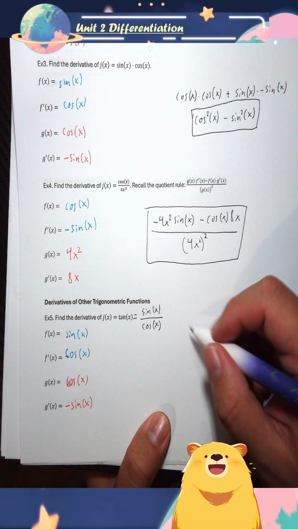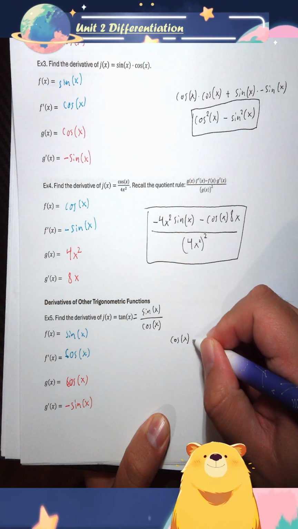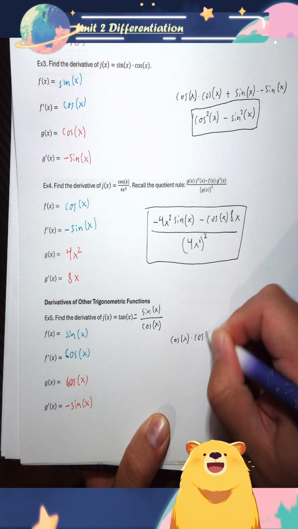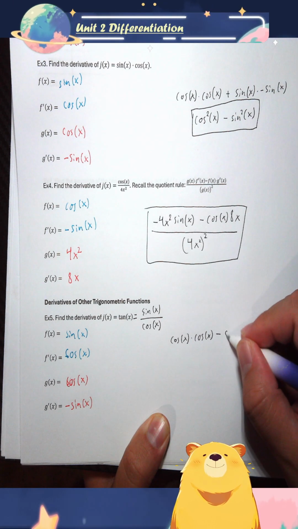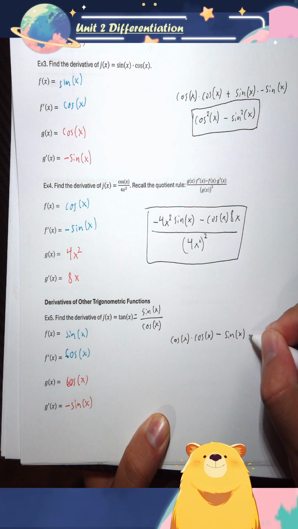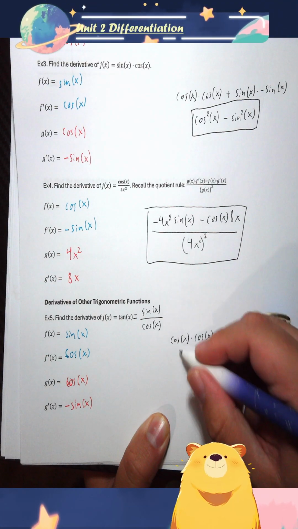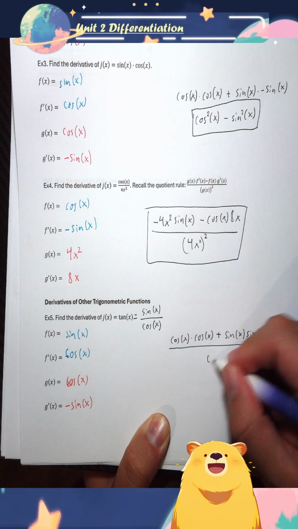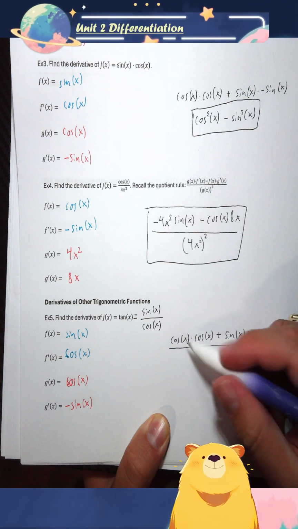So that means our answer is cosine of x times cosine of x minus sine of x times a negative, so I'm going to make that positive now, sine of x, all divided by cosine of x squared.